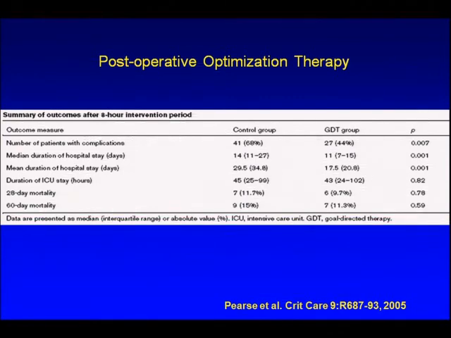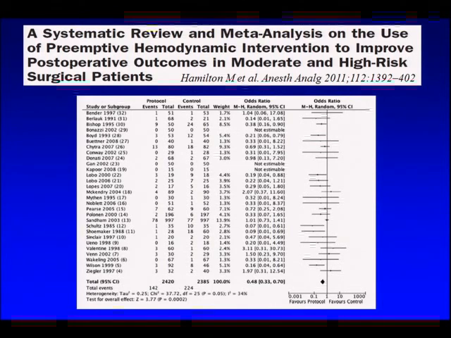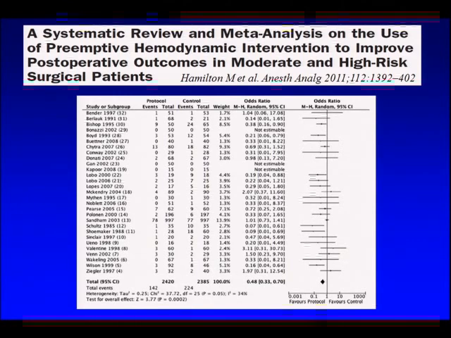So there have been quite a lot of studies done in the intensive care unit and in the perioperative period, suggesting that goal-directed therapy seems to improve outcome. Last year, a systematic review was published in Anesthesia and Analgesia by Colin Hamilton and his group, looking at all the studies done over the last 20 years or so on perioperative fluid optimization.